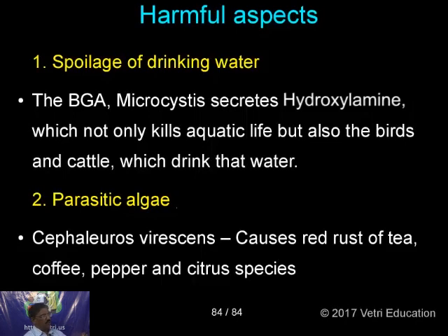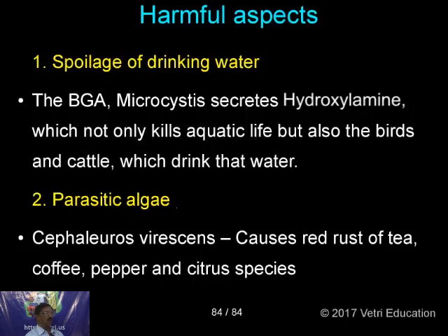If those birds and cattle are used by a human being, they may be attacked by this poisonous substance.